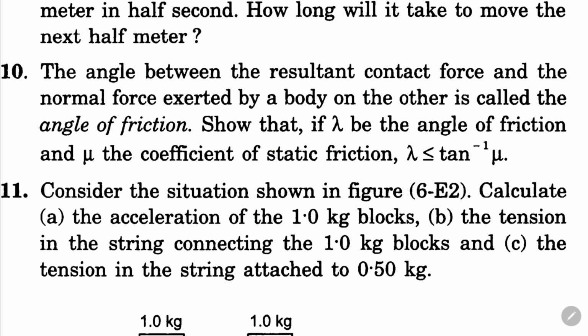In the 10th question, we have the angle between resultant contact force and normal force exerted by body, called the angle of friction, and lambda is the symbol for angle of friction, and mu is the coefficient of static friction. So we need to prove lambda is smaller or equal to tan inverse mu.